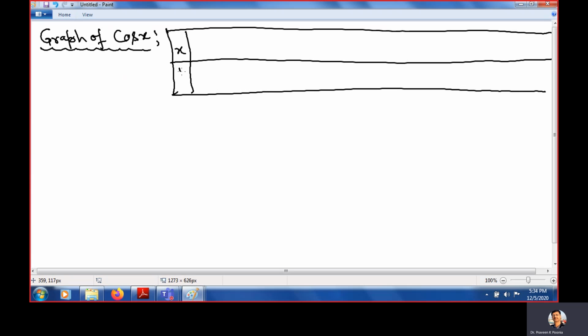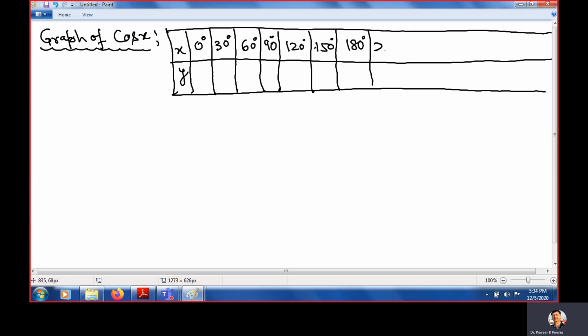This is x, y: 0, 30, 60, 90, 120, 150, 180. We are adding just 30 degrees. 210, 240 degrees, 270 degrees, 300 degrees, 330 degrees, and 360 degrees.